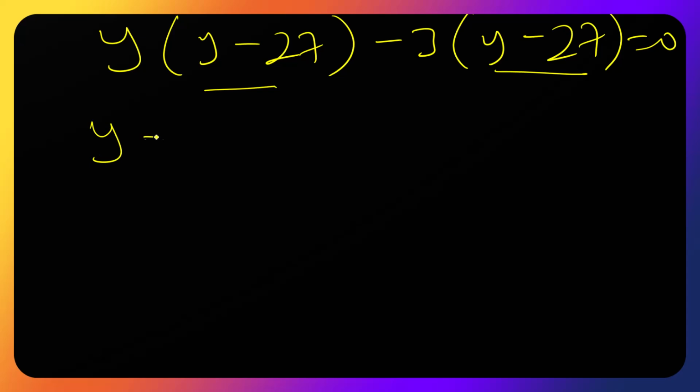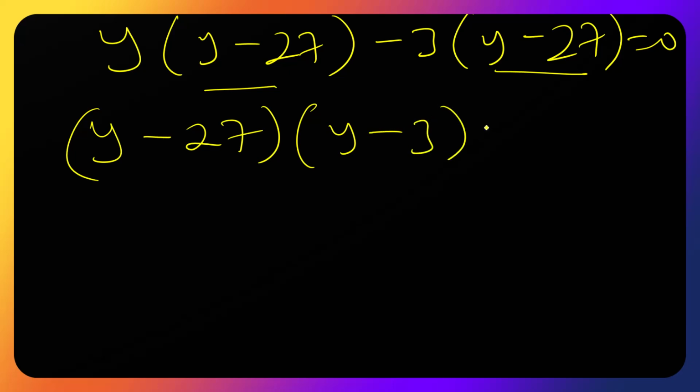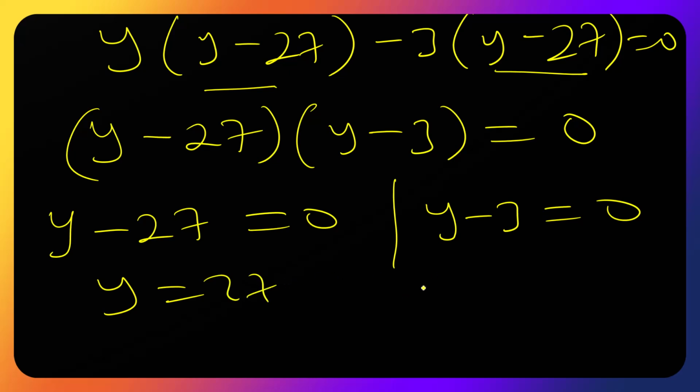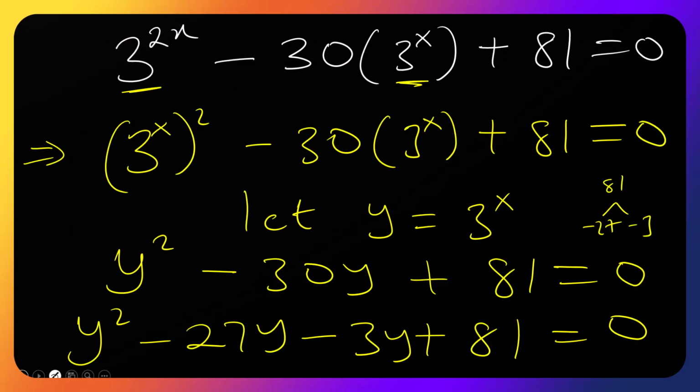I'll pick one of the coefficients, y minus 3 equal to 0. So with the zero product, y minus 27 equal to 0, and we have y minus 3 equal to 0. So y equals 27 and y equals 3. But remember, the question is demanding for x, not y.